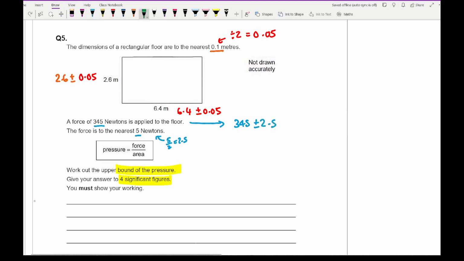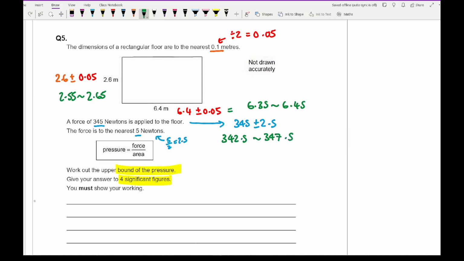Now from that I can work out what the upper and lower bounds are going to be. For this it's going to be 6.35 to 6.45. This is going to be 2.55 to 2.65, and for this it's going to be 342.5 to 347.5.